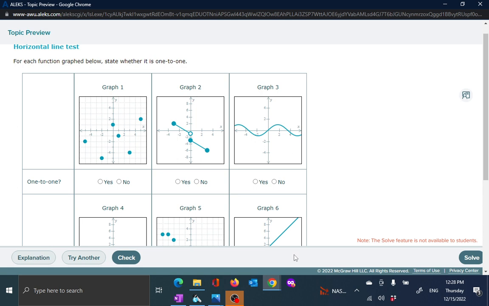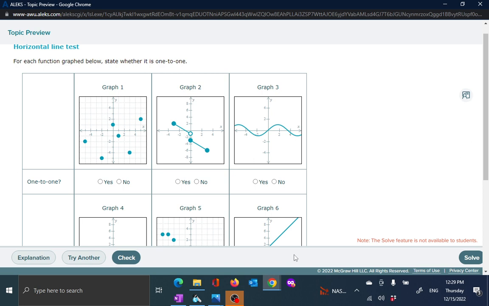And this is the issue that is connected to the horizontal line test. Simple answer is that if a function passes the horizontal line test, then it is one-to-one. What does it mean to pass a horizontal line test? If all horizontal lines cut the graph in at most one point, then it passes the horizontal line test and it is one-to-one.